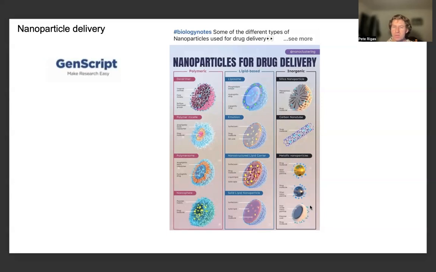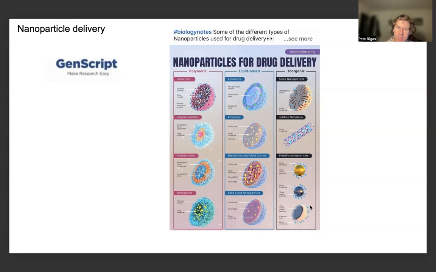And in this case, for drug delivery, this graphic provides a really great overview because it demonstrates how you can have either a polymeric, lipid-based or inorganic vehicle of delivery for these nanoparticles, which can be used for administering treatments in different parts of the body.